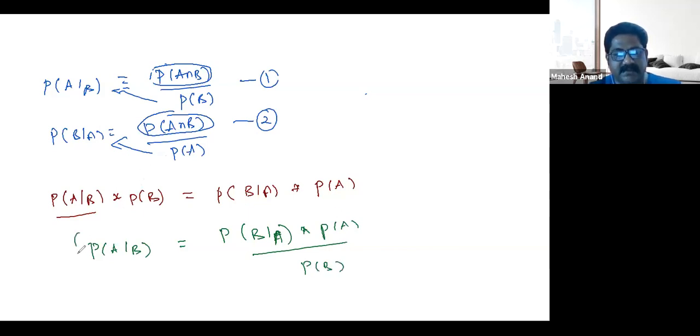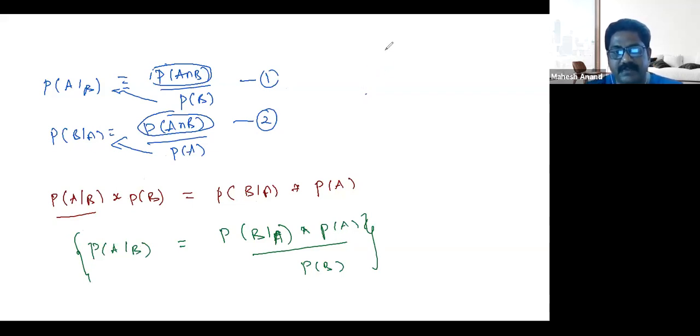Bayes simply related these two conditional probabilities and arrived at a relationship between P of A given B and P of B given A. This is a new relationship he established based on the two conditional probability equations. What is the practical use of this relationship?